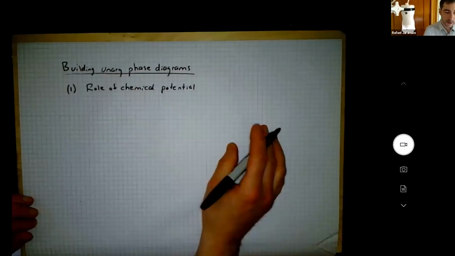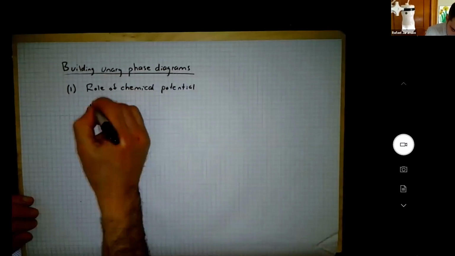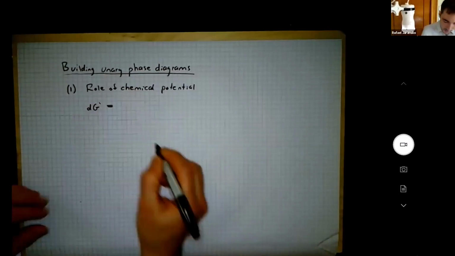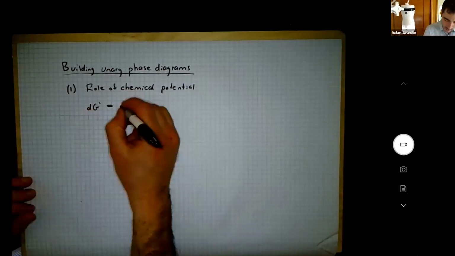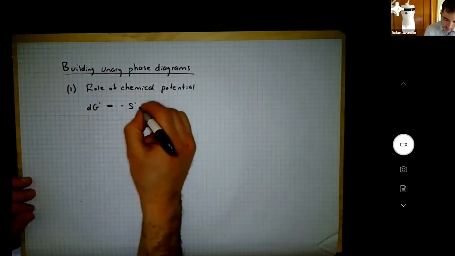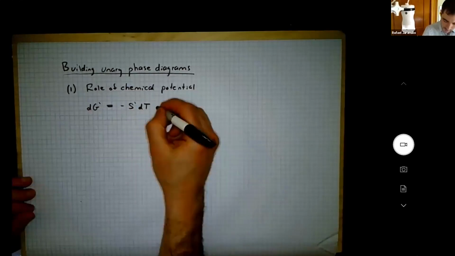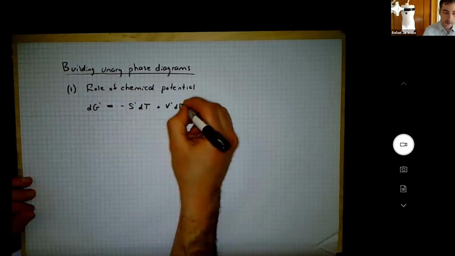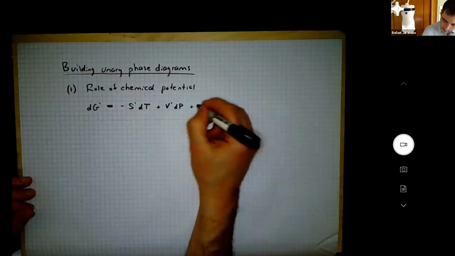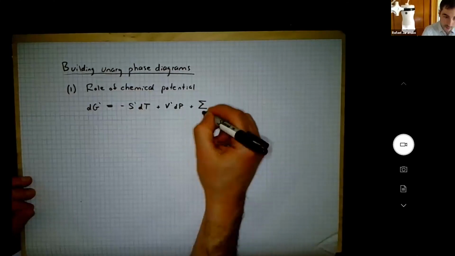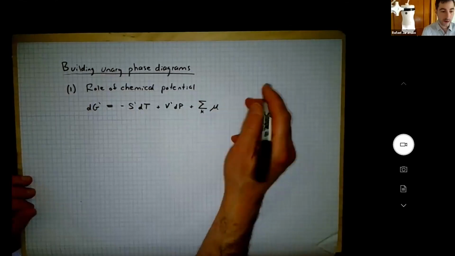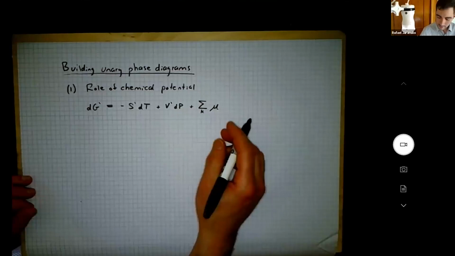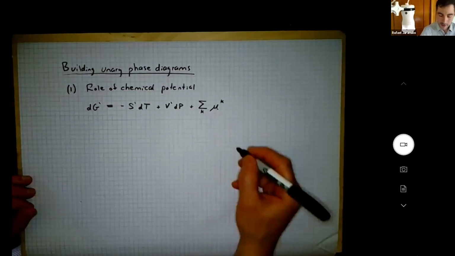Well, let's remember that the change in the total Gibbs free energy of a system equals minus S dT plus V dP plus, let's see, what do I want to use, the sum over K of mu K dN K. Well, K is a phase label, because it's unary.